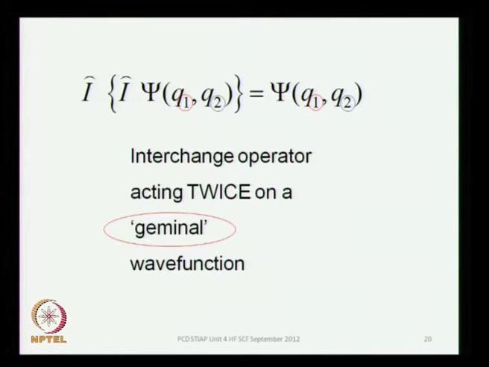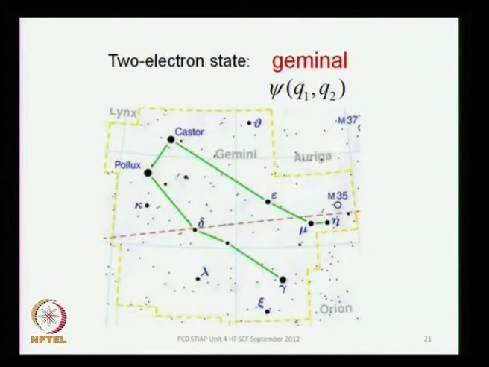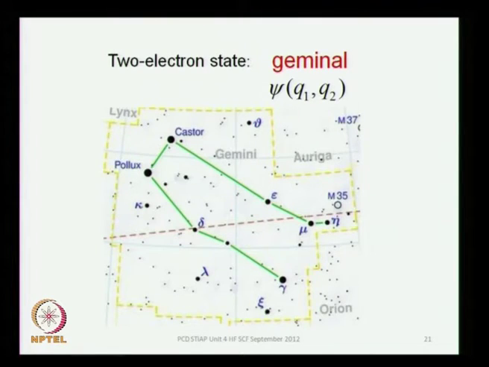Do you know what a geminal is? You know what Gemini is? Have you seen the Gemini constellation in the sky? Okay, it is a beautiful part of the sky, and there are 2 lovely stars, Castor and Pollux, in this constellation, and they look so alike, so similar to each other, they look like identical twins, okay, which is why this is called Gemini.